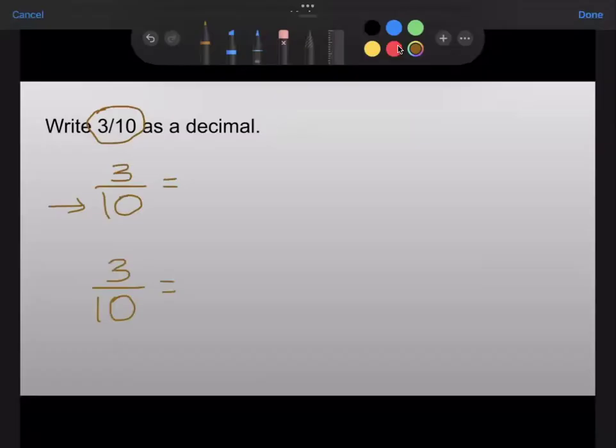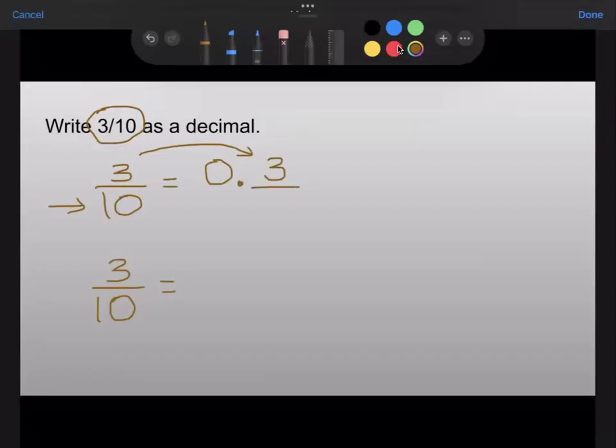If we have a denominator of 10, we know that the decimal goes out to the 10th place. So we can go ahead and create that template for it. Then we're going to take the 3 and put it directly into that 10th place. Then we'll put a 0 right in front here just to make it look formal, and our answer would be 0.3.